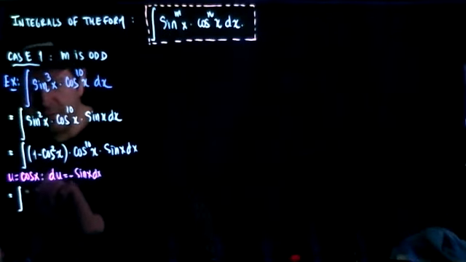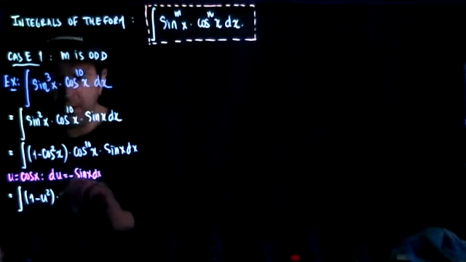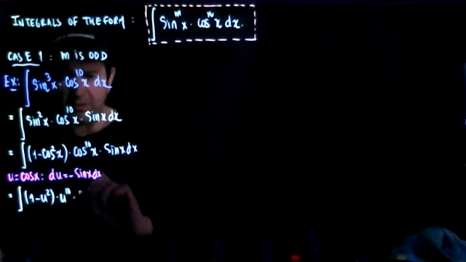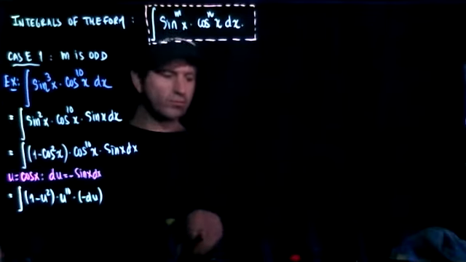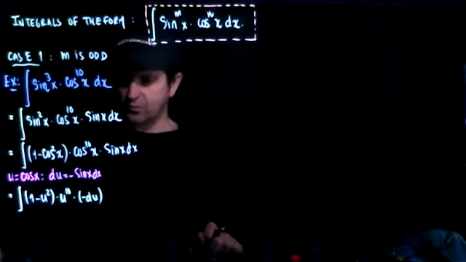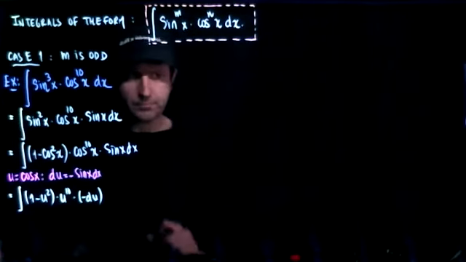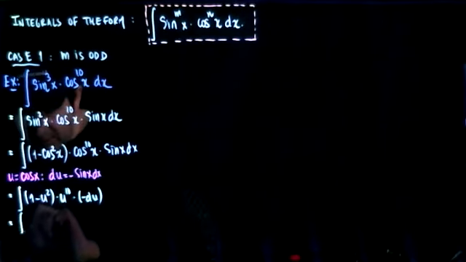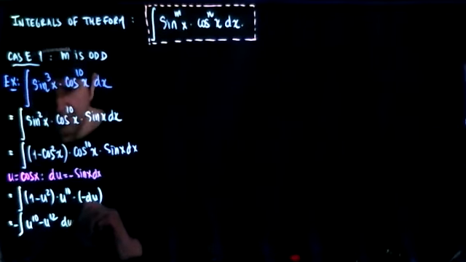The integral of 1 minus u squared, times u^10, times negative du. This is negative the integral of u^10 minus u^12 du.